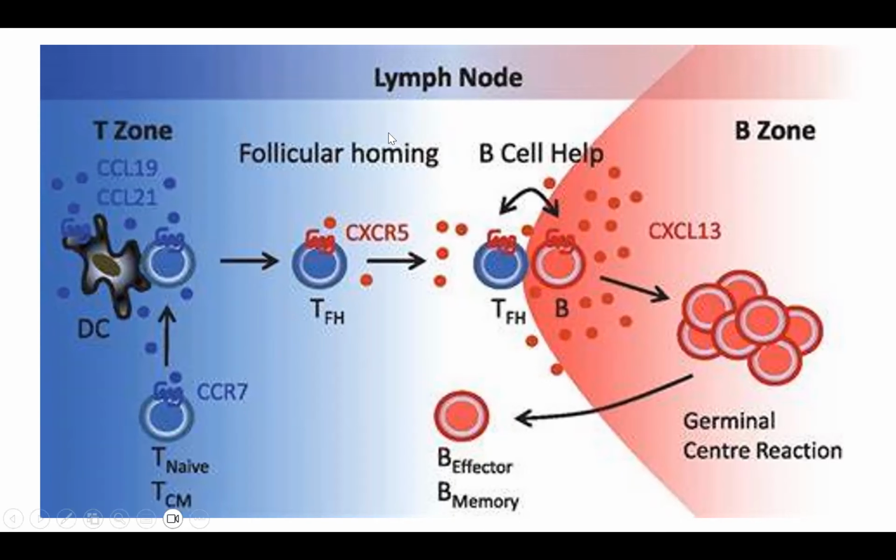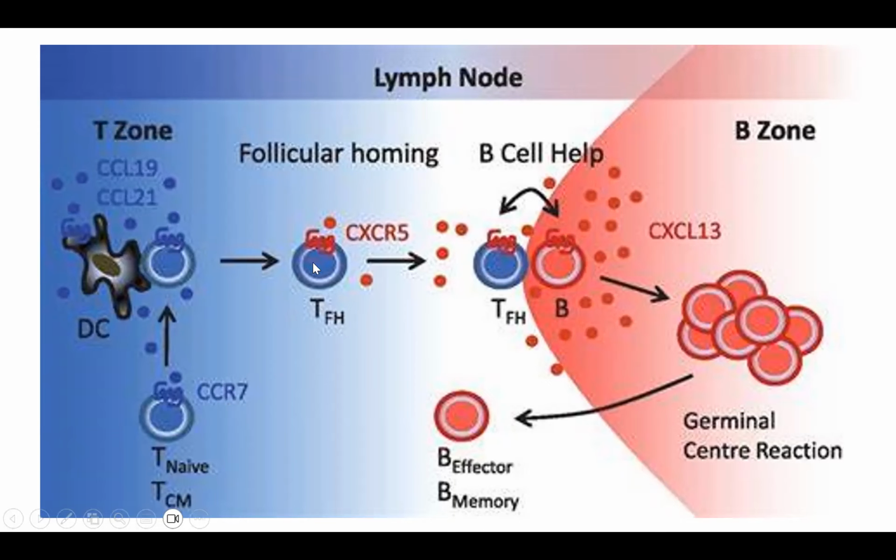And that will be an element of this AIDS-like syndrome that I'm talking about. So if you can affect the CCR7 and/or the CXCR5, then you are inhibiting the reaction that this is starting to try to do.